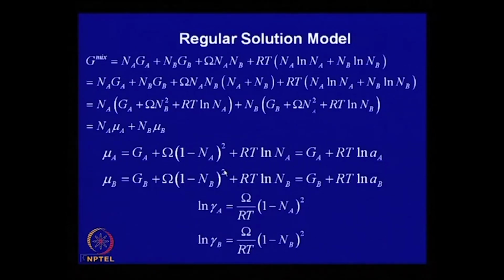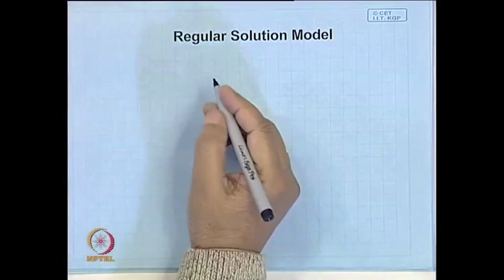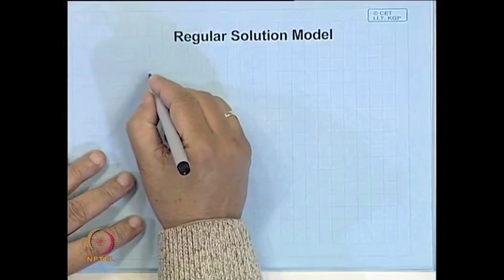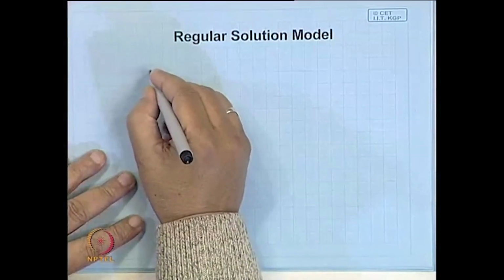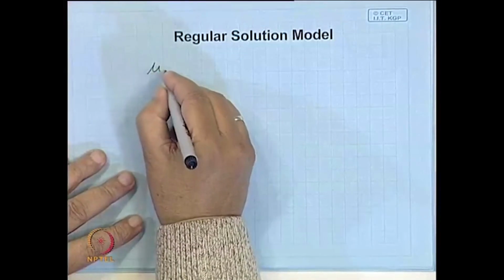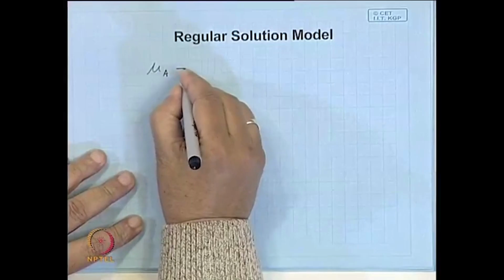So for a regular solution, assuming the nature of the bond and how they form, it is possible from the bond energy to derive an expression for the activity of a specific atom, A and B, in a regular solution model.